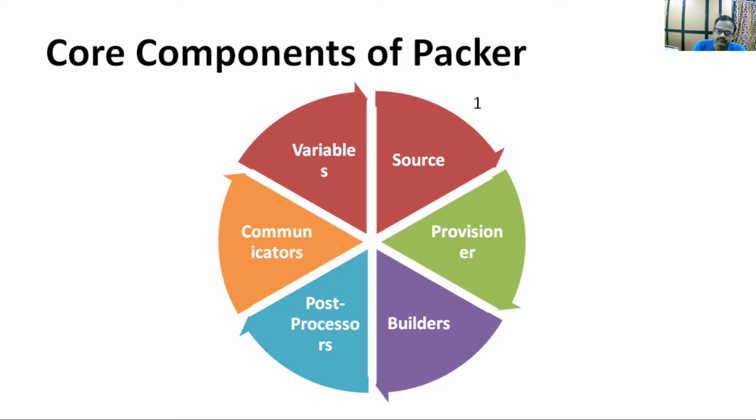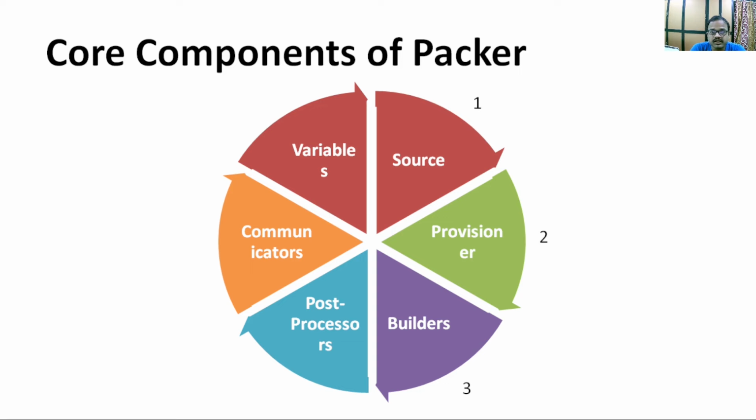Number one, we take the base image. Where we take the base image from and what kind of base image, everything is defined under the source block. Then what configurations you want to do on top of that base image, you define under provisioners. Then the end target platform for which you are doing these things is defined under builders.